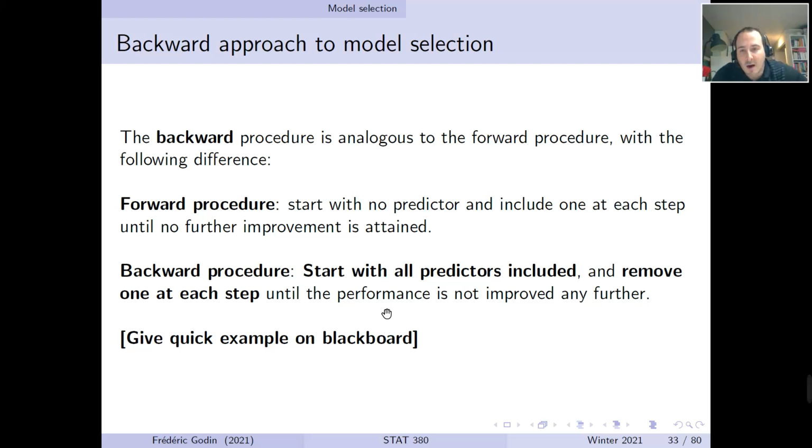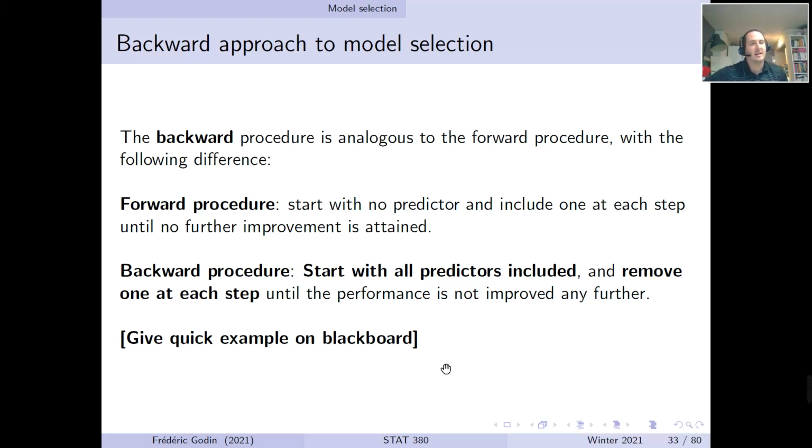Okay, so here I wrote, give a quick example on the blackboard. This semester I don't have any blackboard, so I won't do the example, but it's pretty similar to what we did for the forward procedure. If you have understood the forward procedure, it should be straightforward to understand the backward procedure.